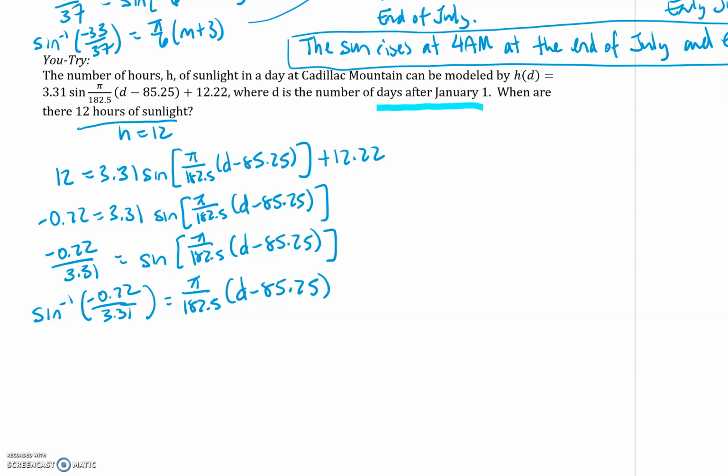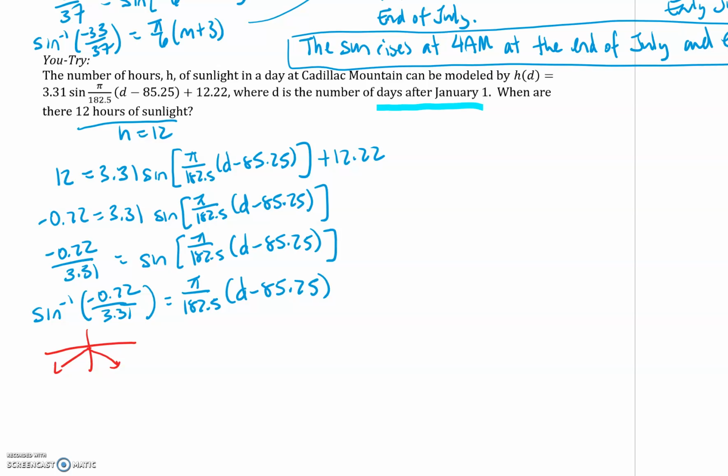And once again, we have to ask ourselves, okay, we're looking for an angle where sine is negative. So where is that possible? If you think about All Students Take Calculus, which tells us all the positives, sine is not positive in the fourth and the third quadrants, just like before. So what I want to do is look for this reference angle first.